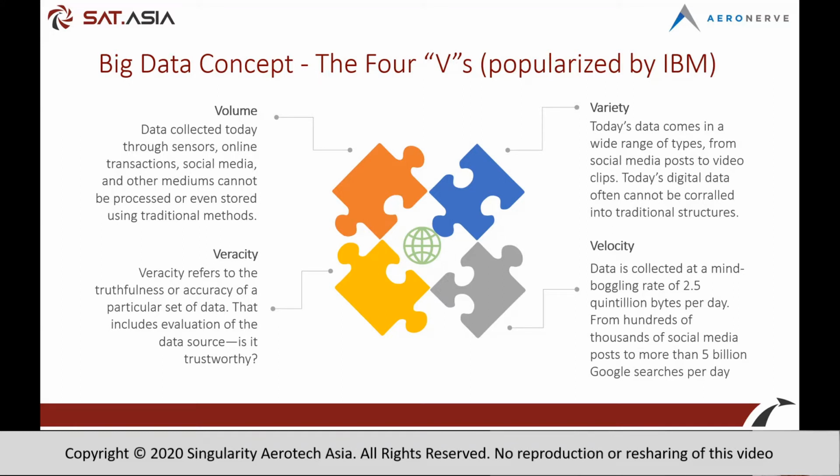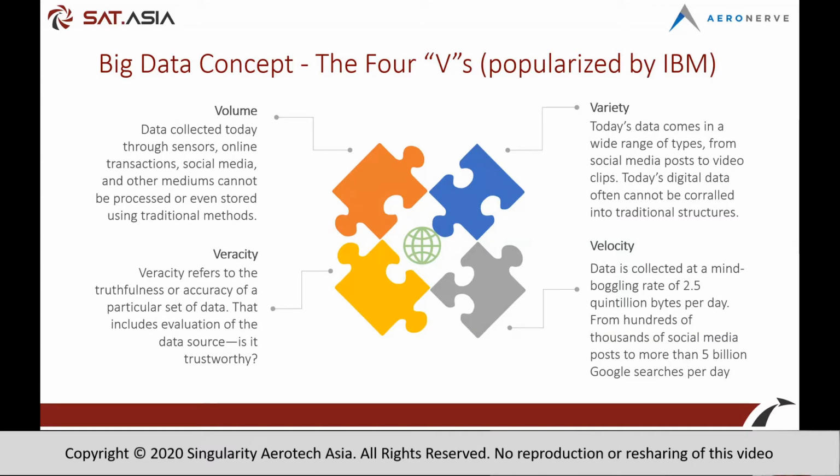Volume means the data collected today through sensors or online transactions or social media and all other mediums cannot be processed or stored using traditional methods. The volume is so massive that you need really huge storage to store all that data. So when people say, oh, it's big data, that means the volume is huge.